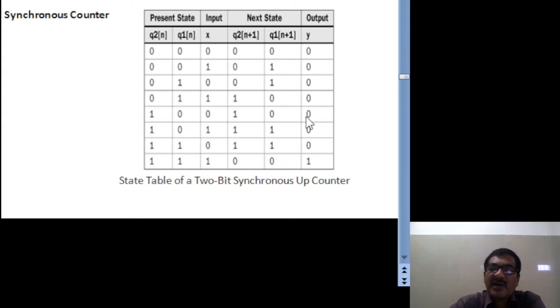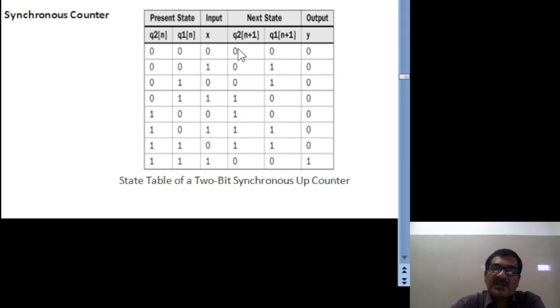For y, since it has output 1 at one position only, y equals q2 of n into q1 of n into x. That is the equation for y.